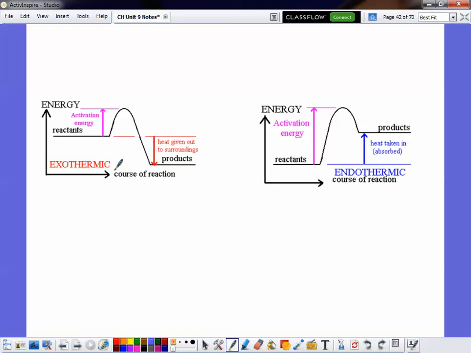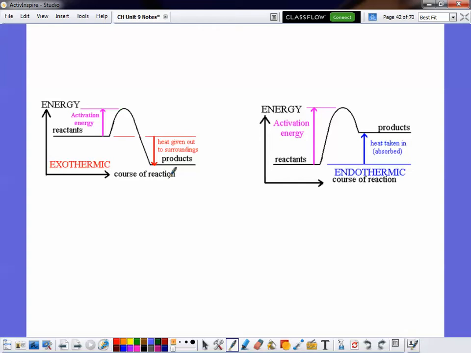It is exothermic because we're ending at a lower energy state than we are starting at. We have an overall decrease in energy. So energy is being released. But notice how we still have to put energy in. We still have this activation energy, that barrier. So energy goes in, and then we get energy back out. Okay? If the energy we get out is greater than the energy we put in, then it's exothermic.